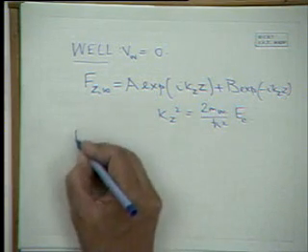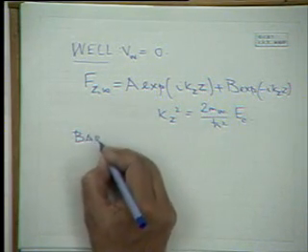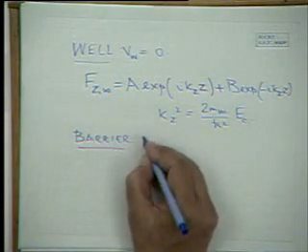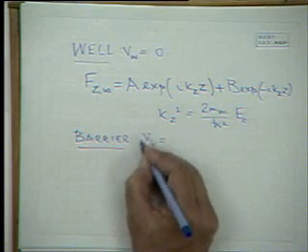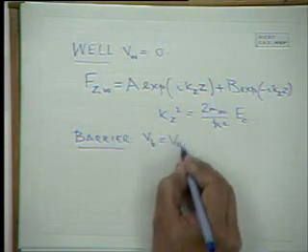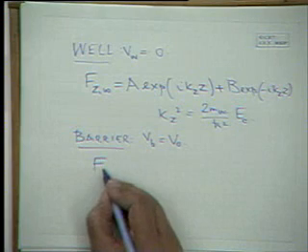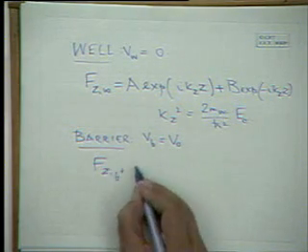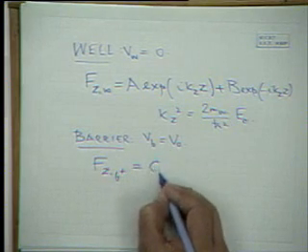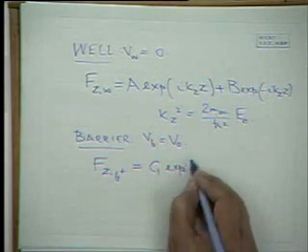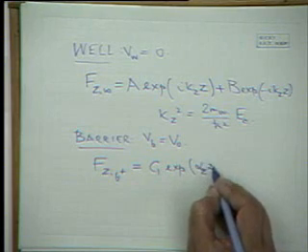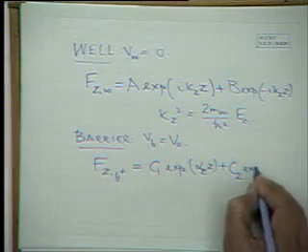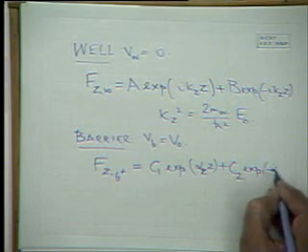In the barrier, the potential is equal to V0, and then we have f_B(z) on the right barrier. We have C1 exponential alpha_z z plus, in general we have two terms, C2 exponential minus alpha_z z.